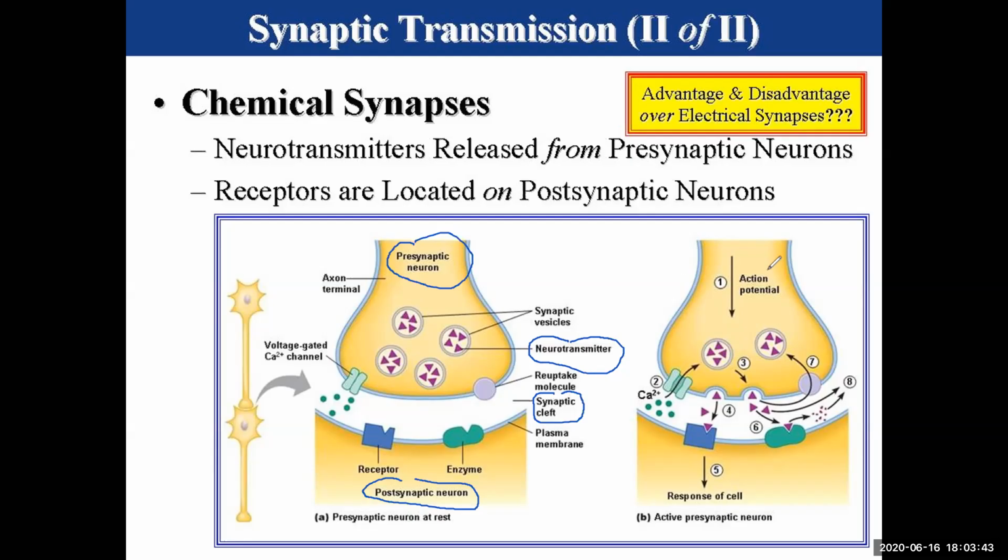And the action potential arrives here. So this is the AP. It arrives, it depolarizes the membrane, and that depolarization is picked up by a voltage sensitive calcium channel. Now again, change would gate it to sensitive, right?